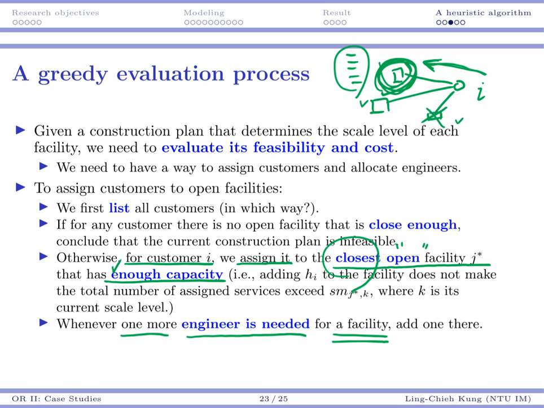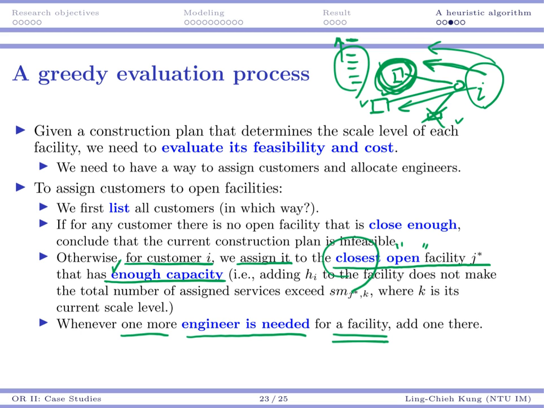Assign a customer and add one more engineer. If, unfortunately, that facility is already full because you already fixed the scale of that facility, and you cannot add more engineers, then you cannot assign the customer there, then you stop and try the next option.